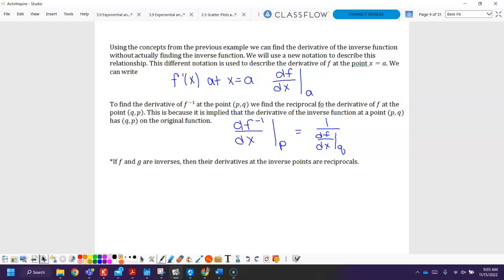So on the original function is the point (q, p).